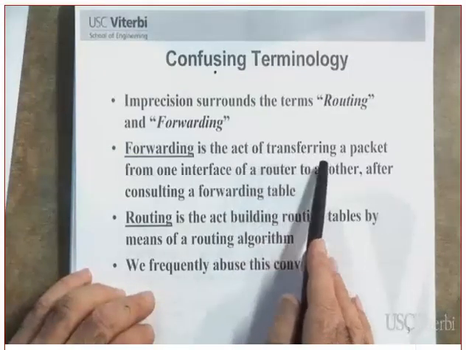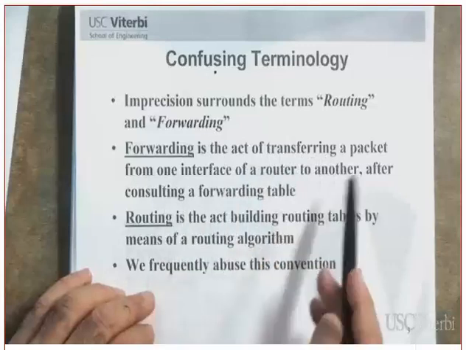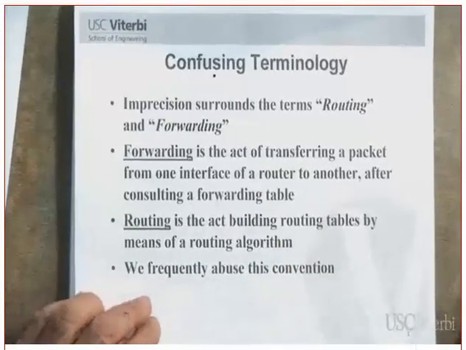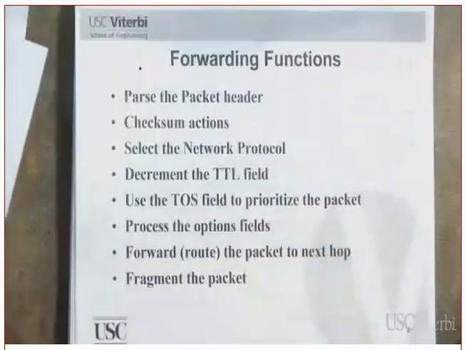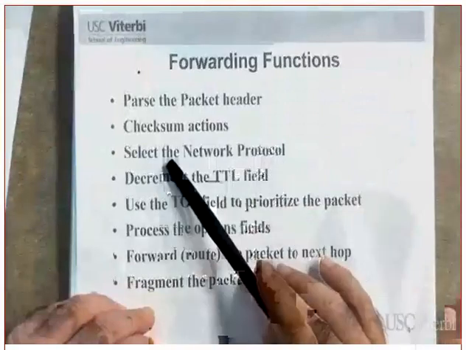Some of the forwarding functionalities that we looked at is checking the header, trying to figure out what the destination IP address is. It performed checksum on the header. Checksum means whether the header has errors or not. It's selecting the network protocol, whether it's IPX or any other types of networking protocol that is being used. Decrement TTL field.